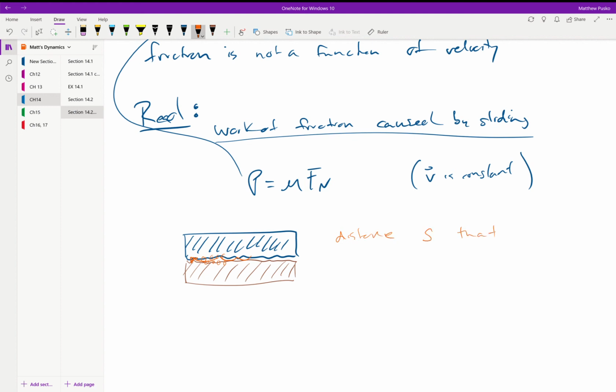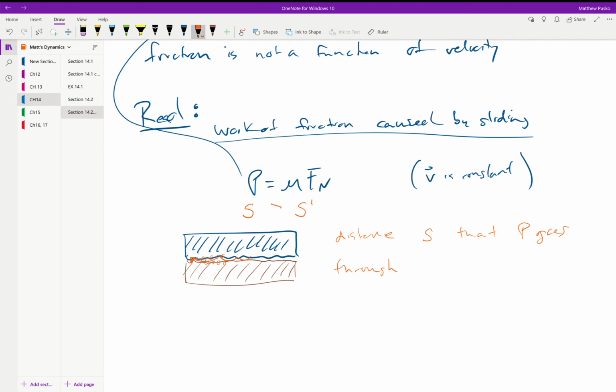What happens is we're going to see that the distance s that P goes through, or the work done by P, is going to be different than the work done by the frictional force, because the distance P works through is s, where we can call the distance that the frictional force works through some s prime.